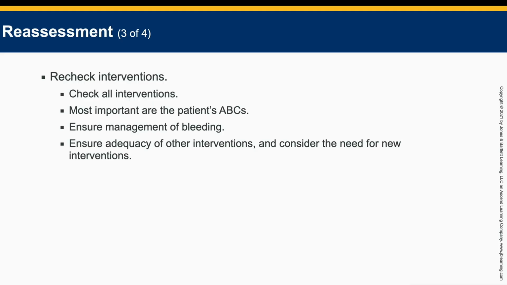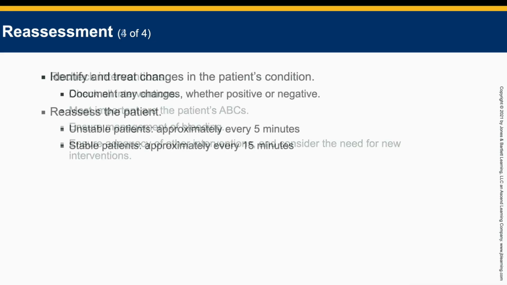You should also confirm that any bleeding is still properly controlled and that bandages, splints, or other treatments remain effective. Finally, consider whether additional interventions may now be needed based on a patient's current condition. Rechecking interventions helps ensure that the care that you've provided continues to support the patient's needs as their conditions change.